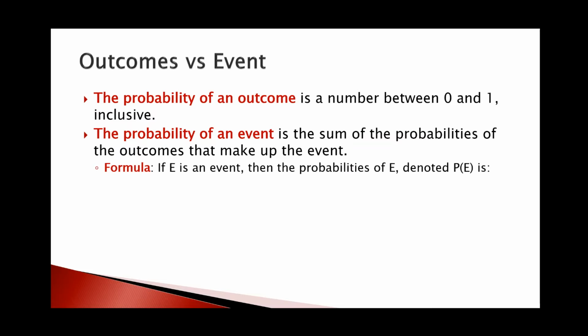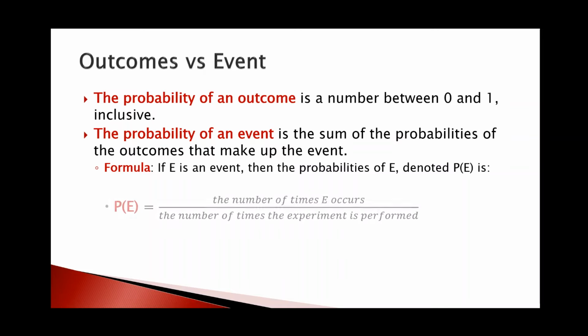Suppose E is an event, then the probability of E, denoted as P of E, is equal to the number of times E occurs divided by the number of times the experiment is performed.